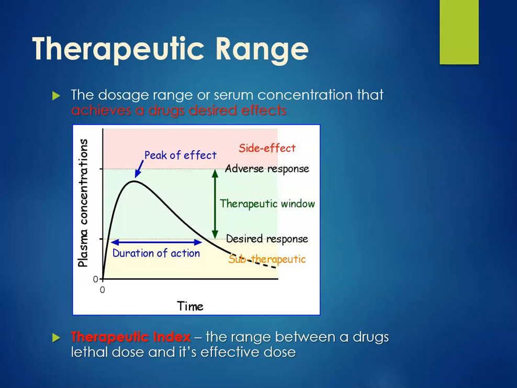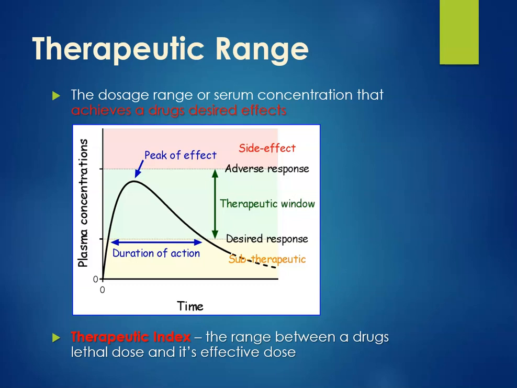But if you don't have enough and you're down here, you're subtherapeutic and you're not giving the patient enough of the medication they need. So there's a therapeutic window. This therapeutic window is the space between the desired response and an adverse response, or between toxicity and being subtherapeutic. How long the blood stays in this range is considered its duration of action.